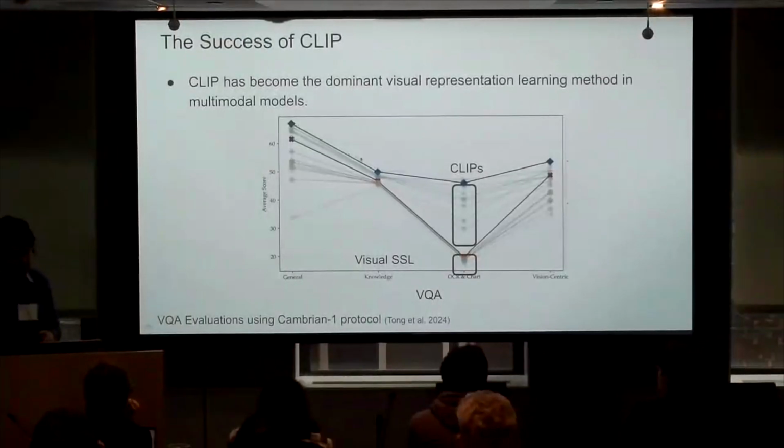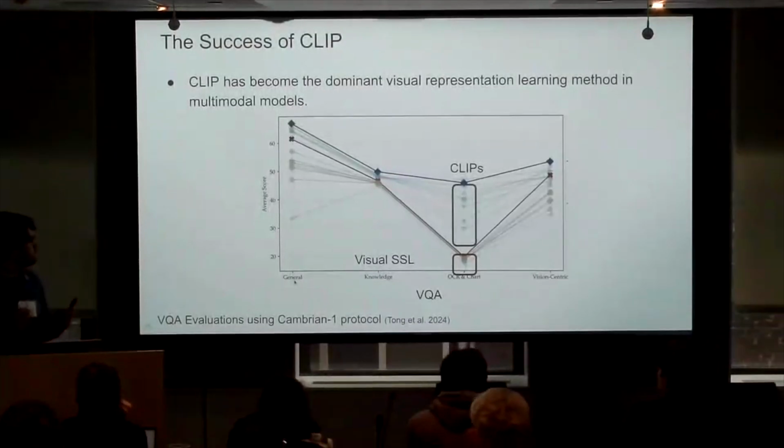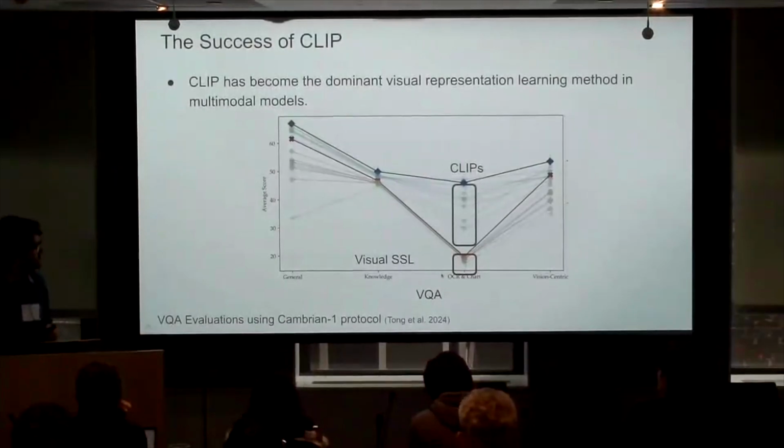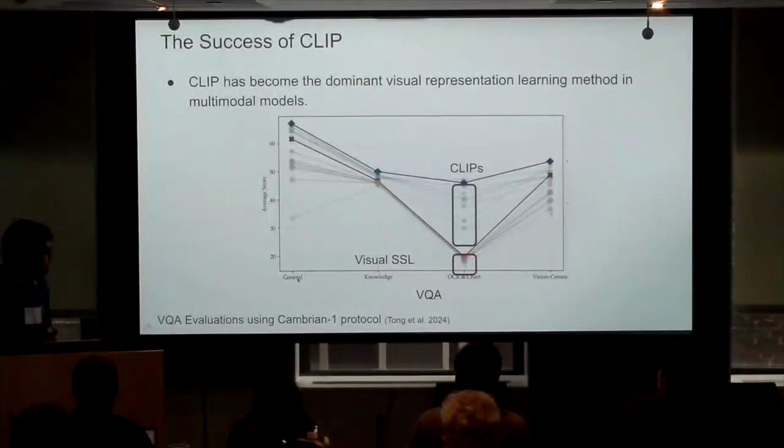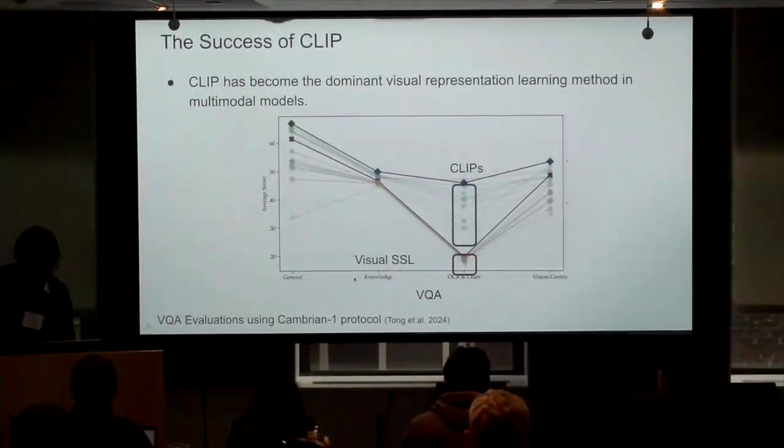Here you have a set of blue lines, which are variations upon the CLIP model. On the y-axis, you have a bunch of VQA tasks. This is from the Cambrian-1 evaluation protocol. It's a bunch of VQA tasks that are specific to general, knowledge, OCR and chart, and vision-centric. I'm not sure what the difference is between general and knowledge, but probably Amir knows.